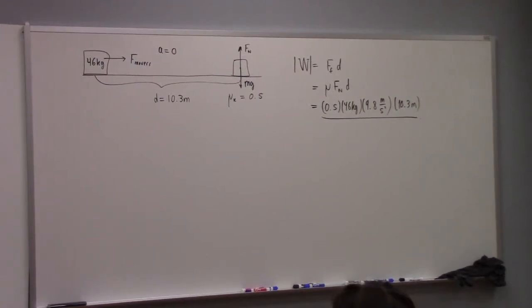And then questions: A, what's the change in potential energy for the hiker? B, what's the minimum work required of the hiker? And C, would the actual work be greater than this?